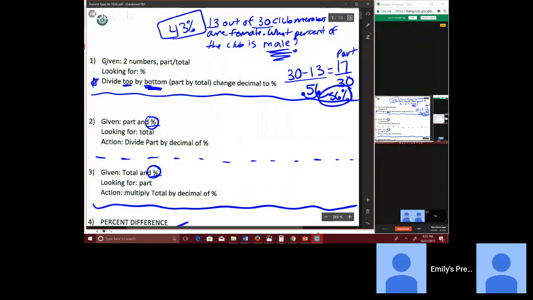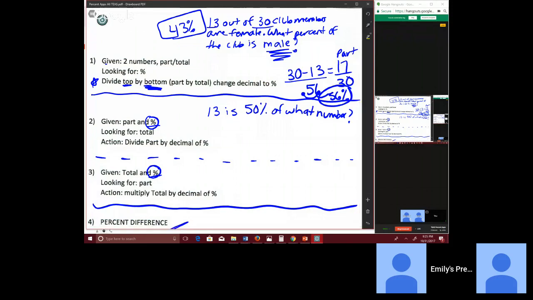So if you're given a part and a percent, it will read one of two ways. So let's do 13 is 50% of what number? I would strongly recommend writing both of these down, because even once you learn how to tell a 2 from a 3, a lot of people have a hiccup when they rearrange it. So this is one way they could ask the question.